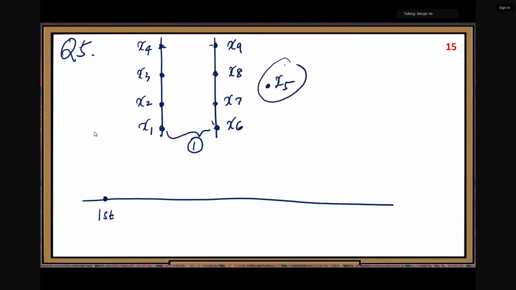Then the second comparison could be this way or that way, based on our merge operation. One more comparison, you put a second. Then the third could be that.